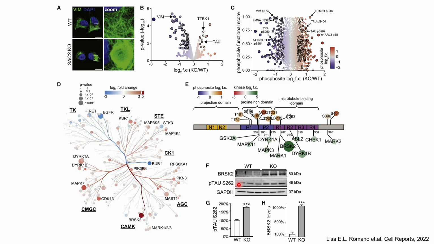If someone asked me to pick a kinase, I would choose a very fancy one, like EGFR, AKT, ERK, MAPK, but nobody goes to these ones. Surprisingly, they found the knockout cells have overexpressed BRSK2 and hyperphosphorylation of tau 262.